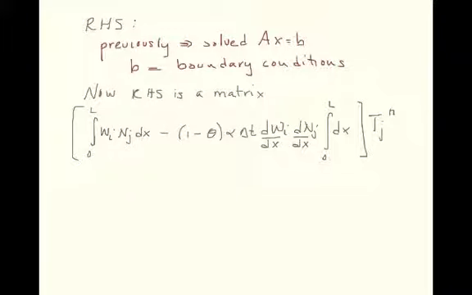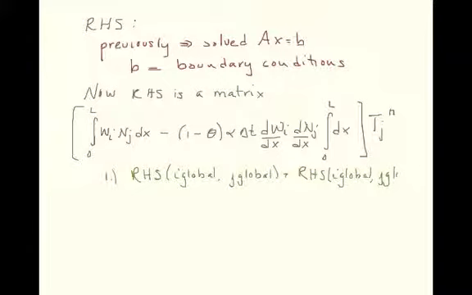So now we have this matrix that we have to build out, and what that means is that, 1, we need to consider right-hand side of I global, j global equal to, remember we're summing again, so we've got the right-hand side of I global, j global plus the terms. Okay, so that's one thing we have to consider.